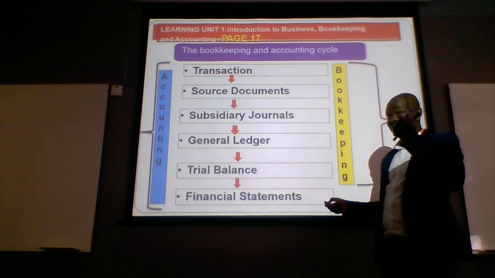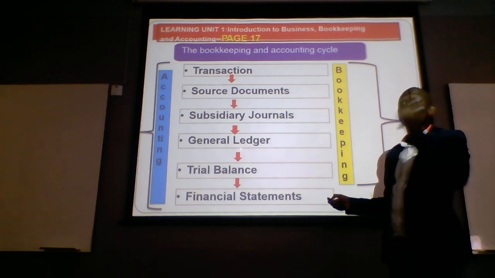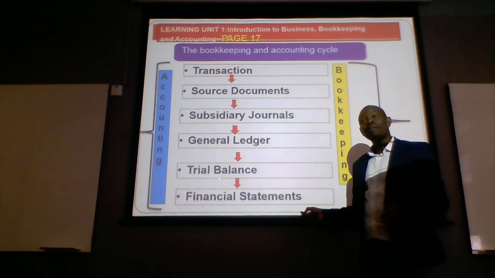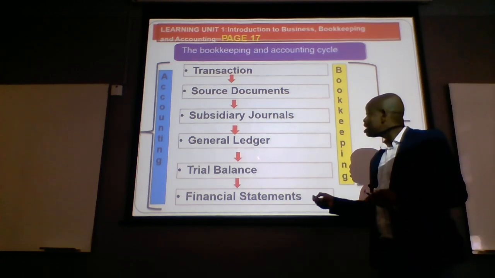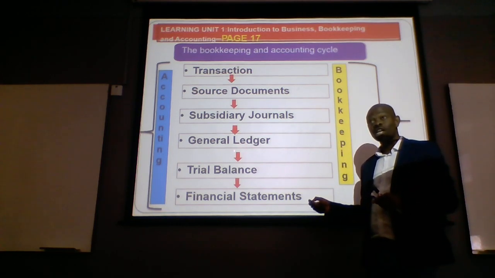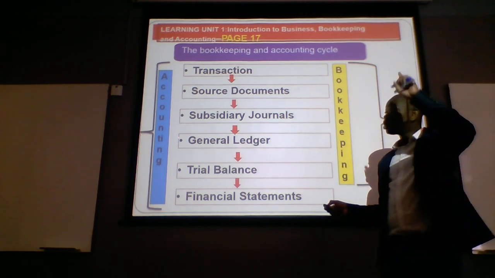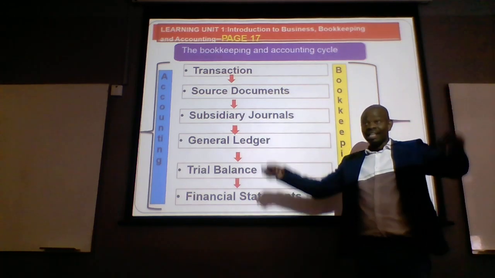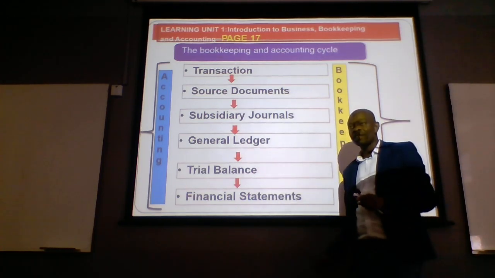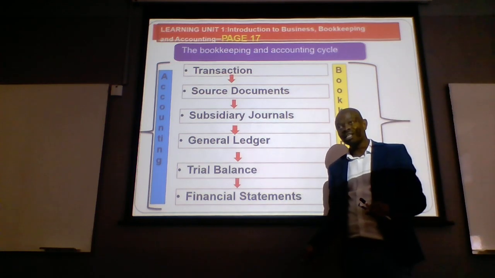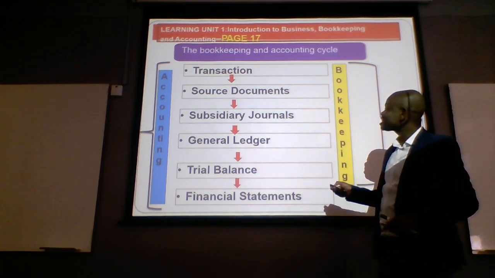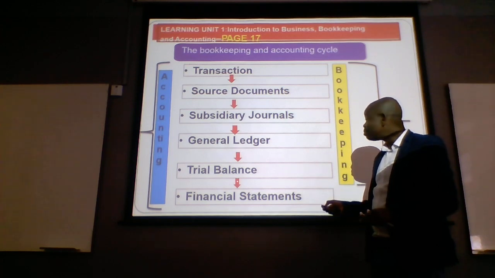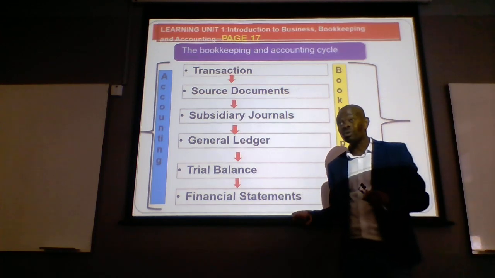Because sometimes, or in most cases, not all the time, the trial balance won't balance if the general ledger is incorrect. So it means when you are compiling a trial balance, your debits must be the same as your credits. If your debits are 5,000, your credits must also be what? 5,000. But if there is something wrong with the general ledger, it means that the debit and the credit won't balance.